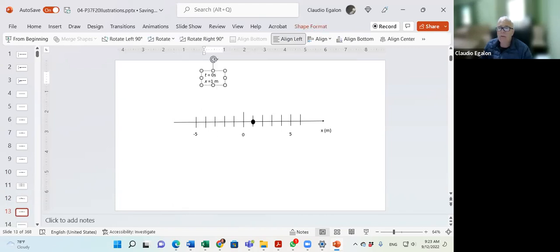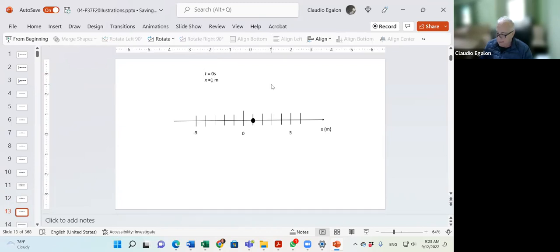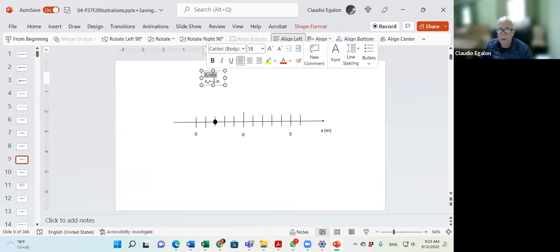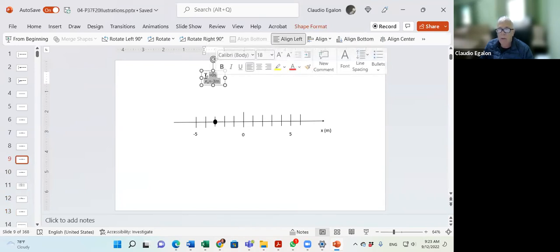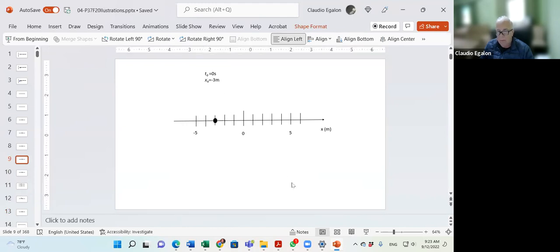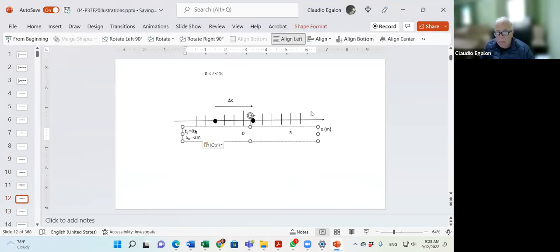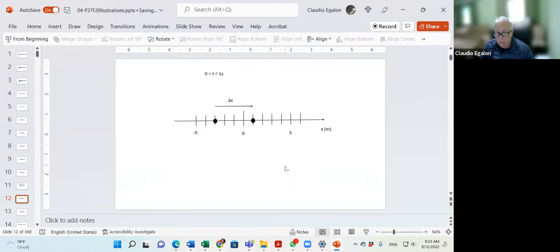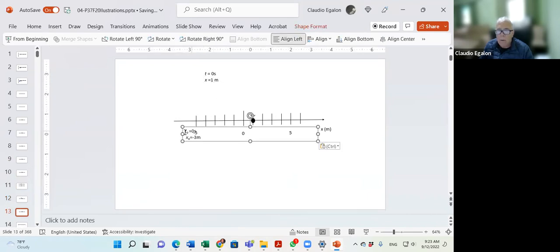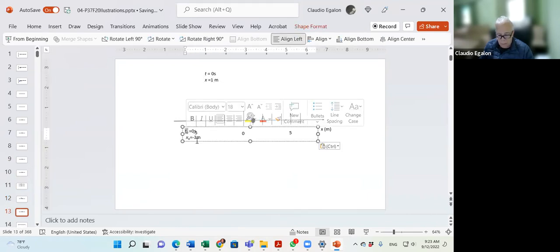So that's going to be 0 seconds, and I'm going to use the notation here, T naught. T naught right in here.